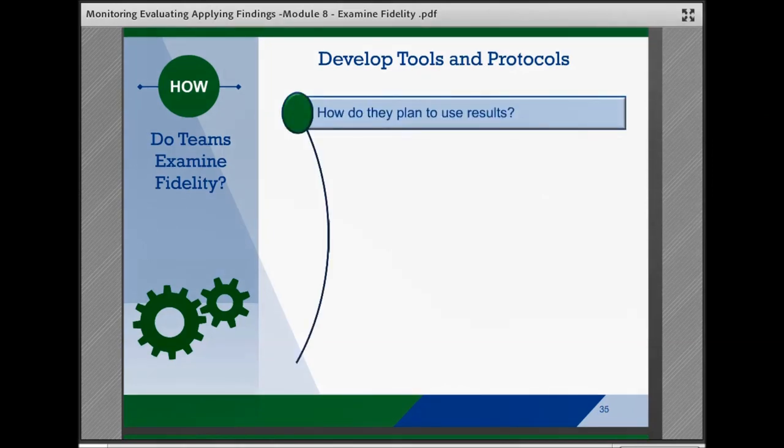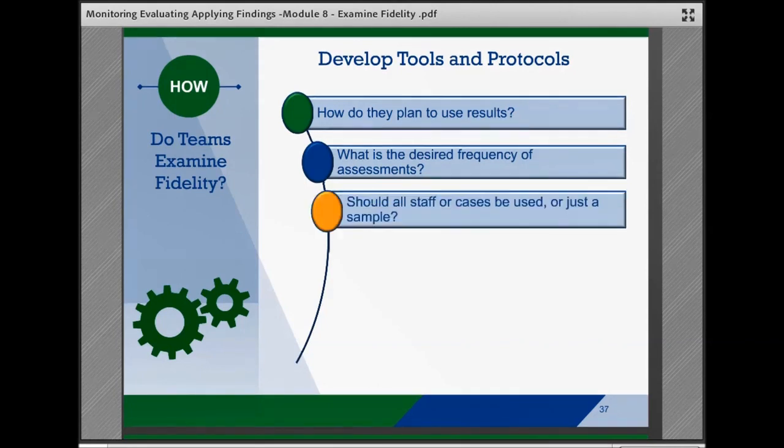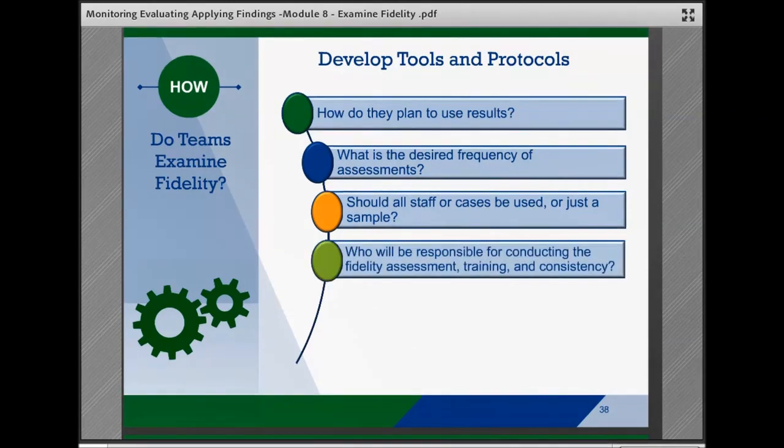As teams develop fidelity tools and procedures, they should consider how they plan to use fidelity results, the desired frequency of conducting the fidelity assessment, whether all staff or cases will be reviewed or just a sample, who will be responsible for conducting the fidelity assessments, for example, independent observers, CQI staff, program managers, or supervisors, and how will the individuals assessing fidelity be trained, and how will consistency be ensured?